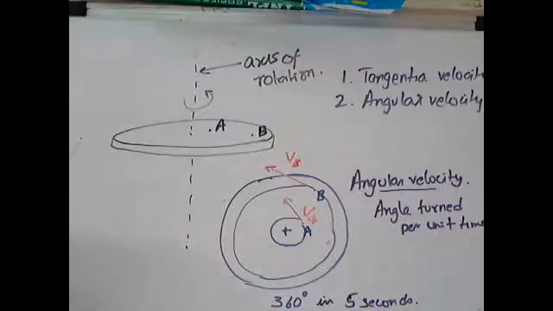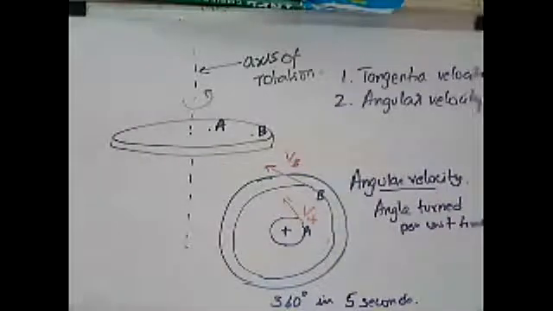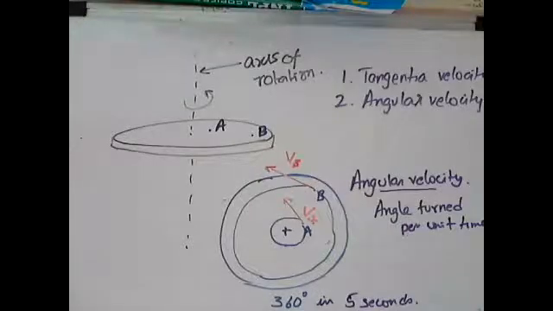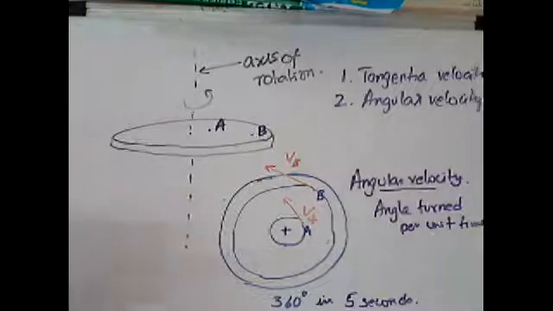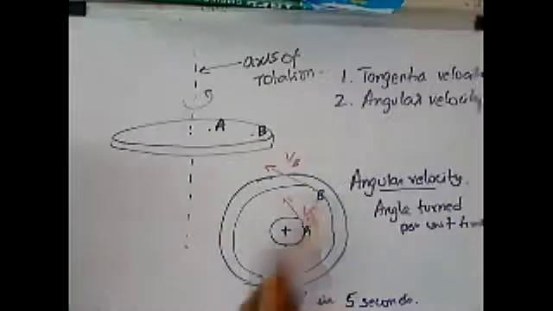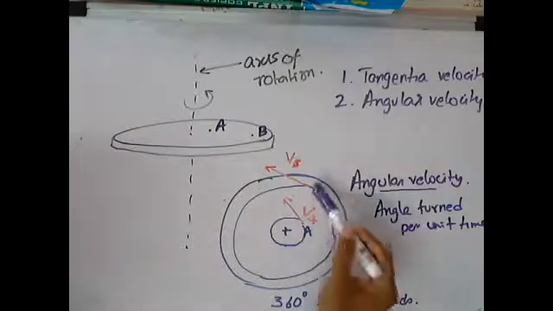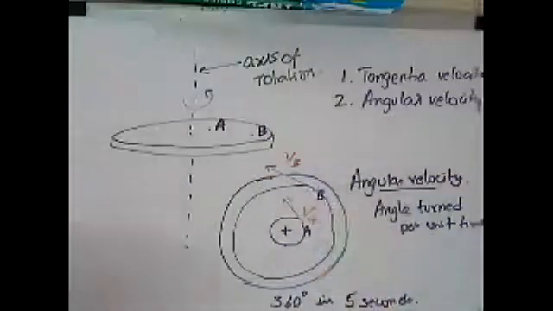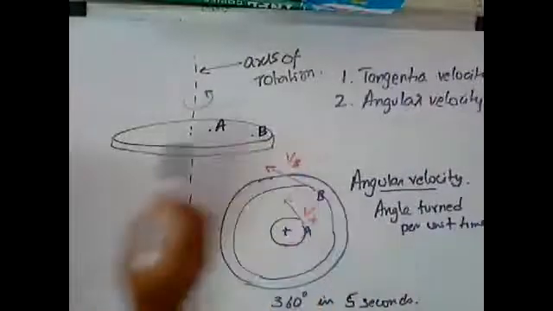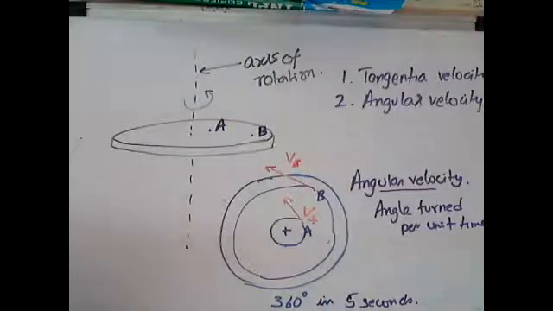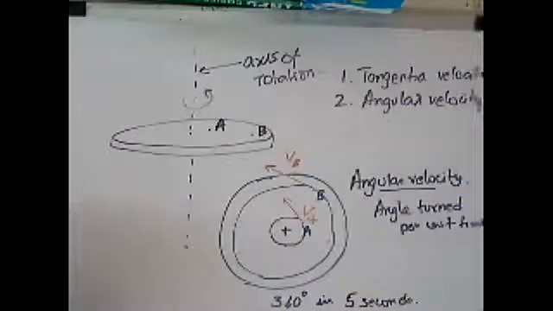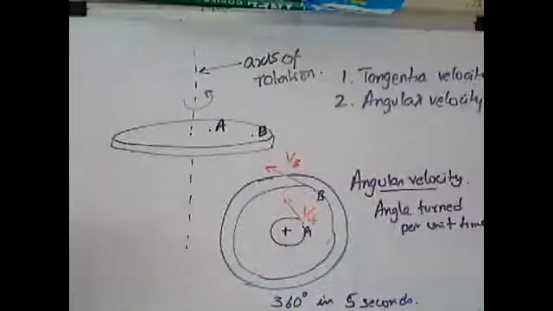So that started off with the concept that if object B and object A have velocities at any given instant of time, and that velocity is tangential to the path that it is going around, in this case a circle, then what about the velocity of the object in a short interval of time afterwards?